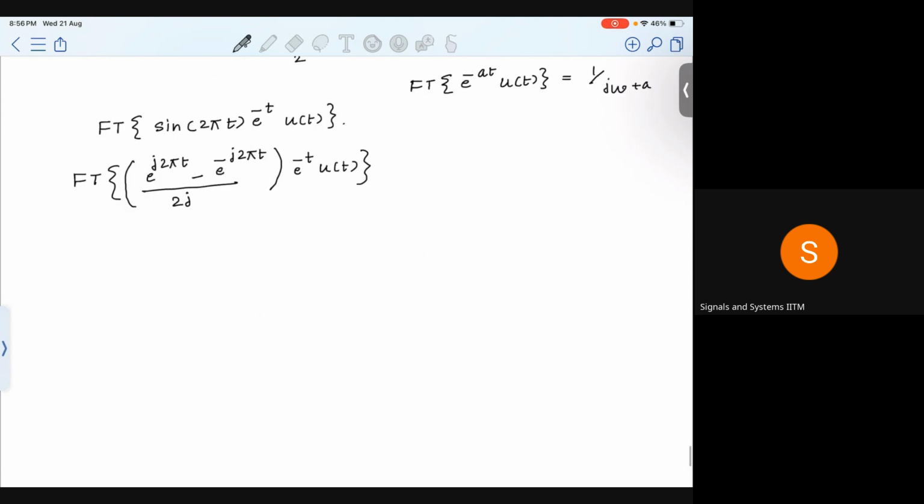Fourier transform is linear, hence we have this as 1 by 2j times the Fourier transform of e^{(j2π minus 1)t} u(t), minus 1 by 2j times the Fourier transform of e^{(-j2π minus 1)t} u(t). From here onwards, you know how to find it, right?